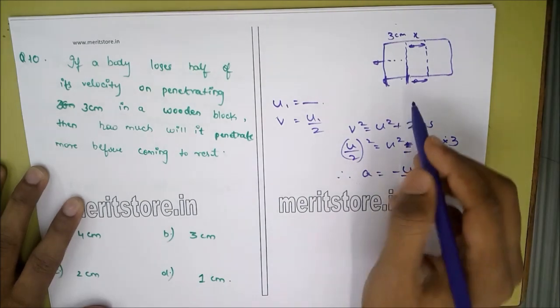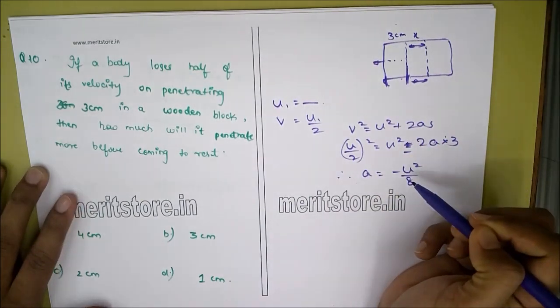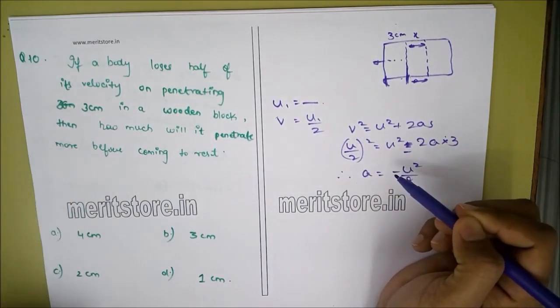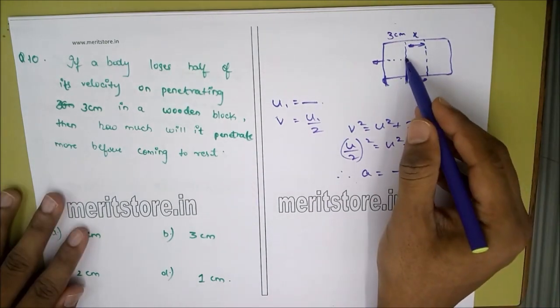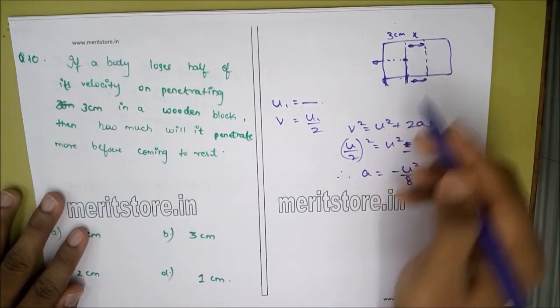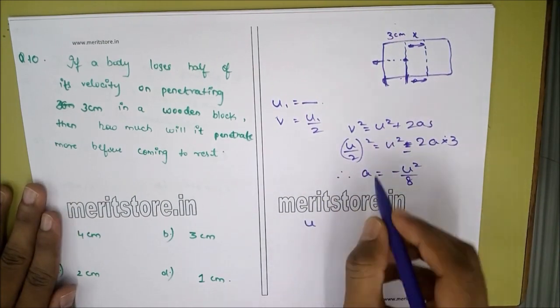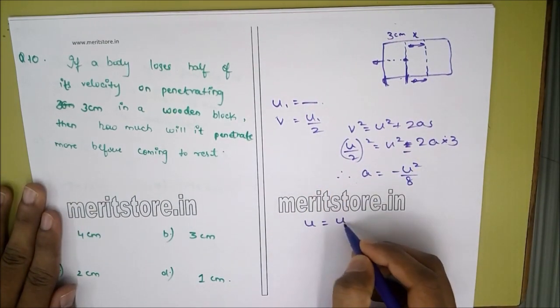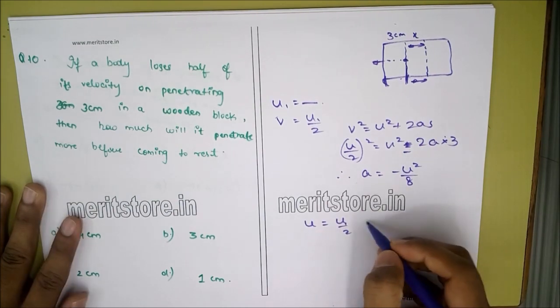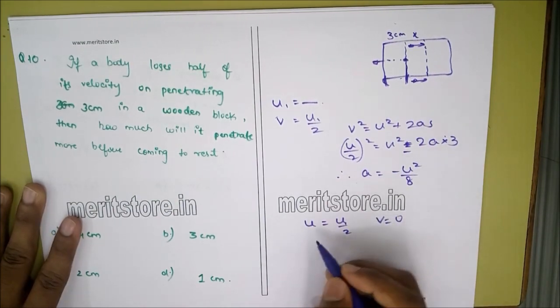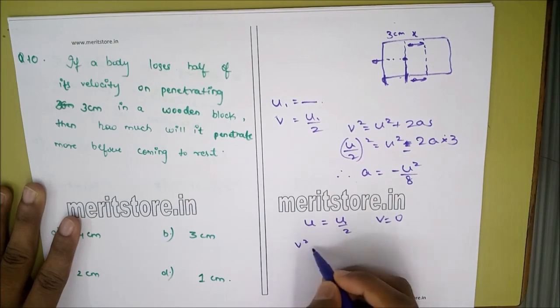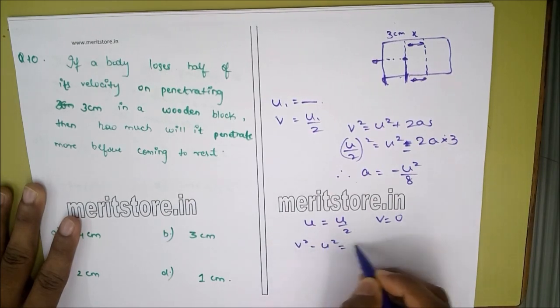Now the same bullet has the same acceleration, or I could say the same retardation, and it continues. Let us consider second motion for the second case. In that, the initial velocity becomes u1 by 2, whereas the final velocity becomes 0, and using the same relation v square minus u square is equal to 2as.